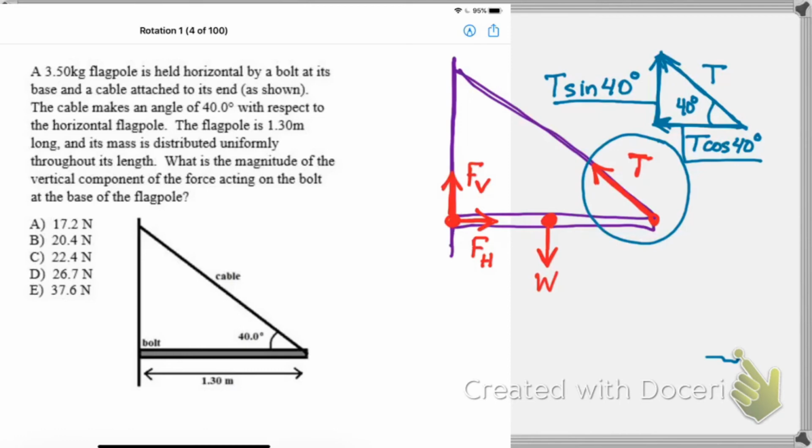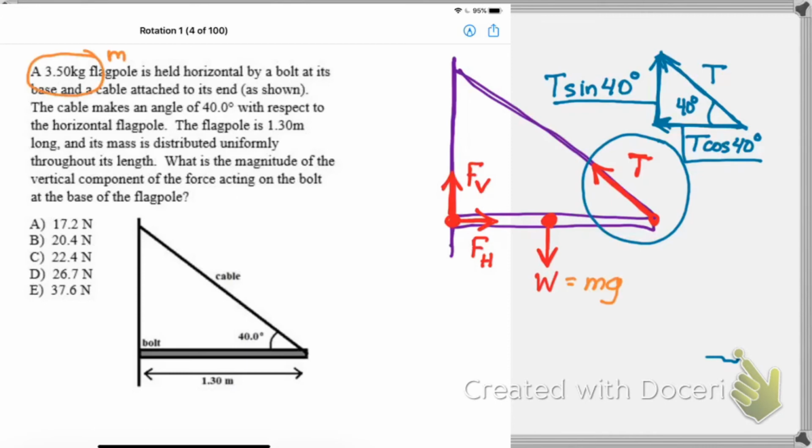I need the horizontal component of tension, and I need the vertical component of tension. I have an angle of 40 degrees, so we can see that the cosine of 40 degrees will give me the horizontal, the sine of 40 degrees will give me the vertical. So that's how we break that up. We're not going to ever worry about T by itself. We're going to worry about its horizontal and vertical components.